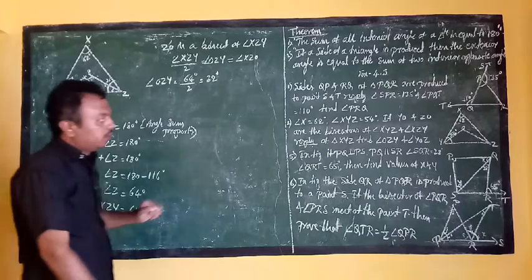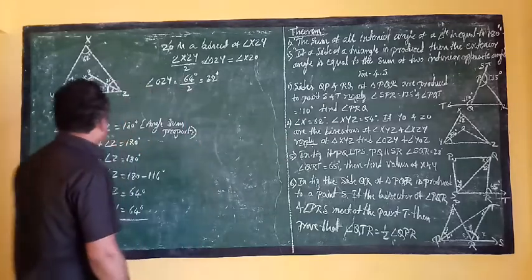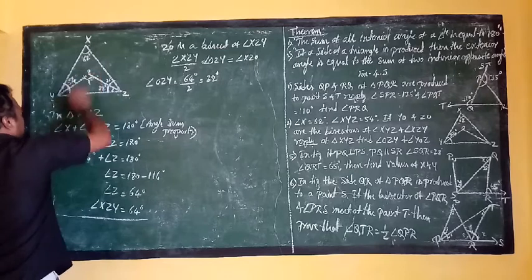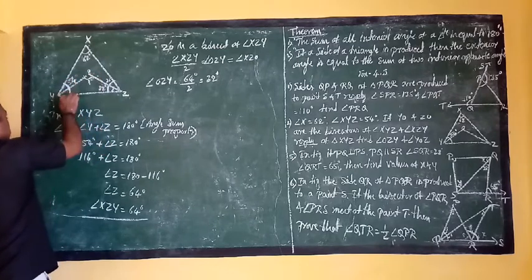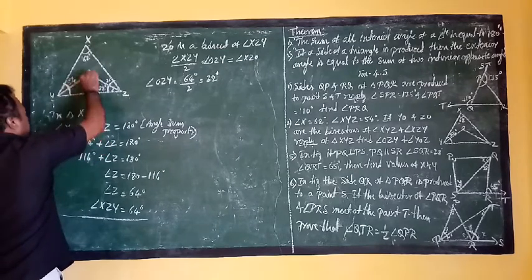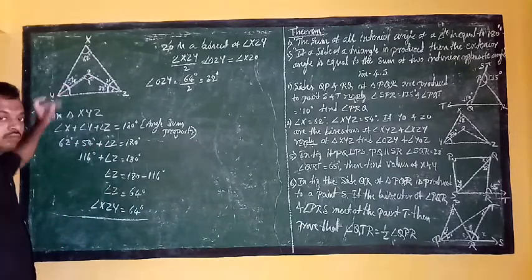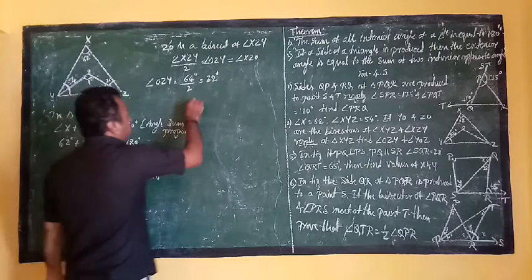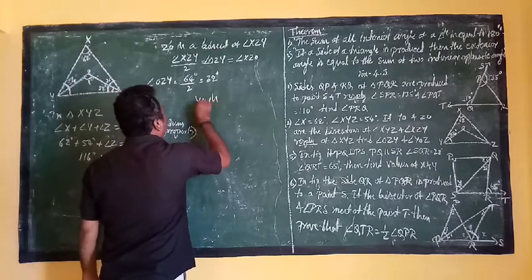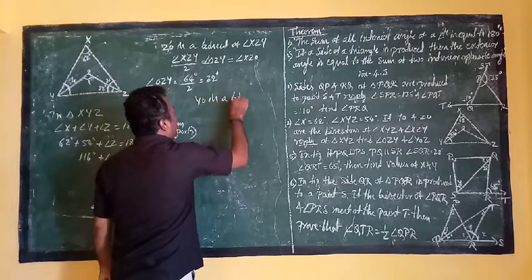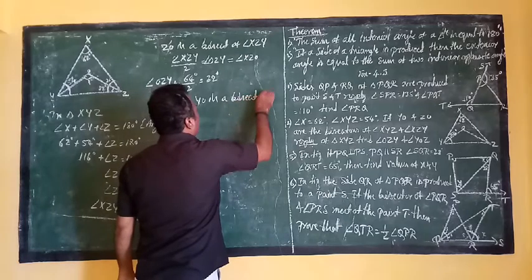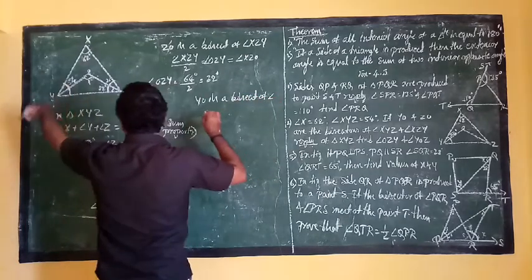We have calculated OZY. So the remaining angle is YOZ, which we want to calculate. This angle XYZ is 54 degrees. If you bisect it with YO, each angle becomes 27 degrees. Correct? Therefore, YO is a bisector of angle XYZ.